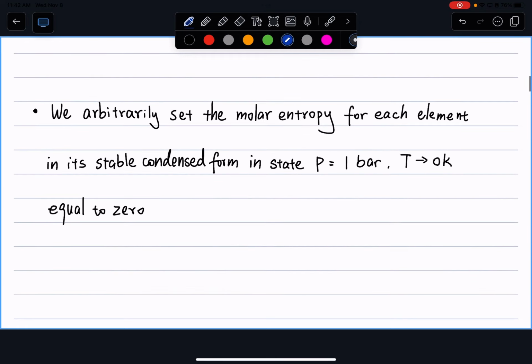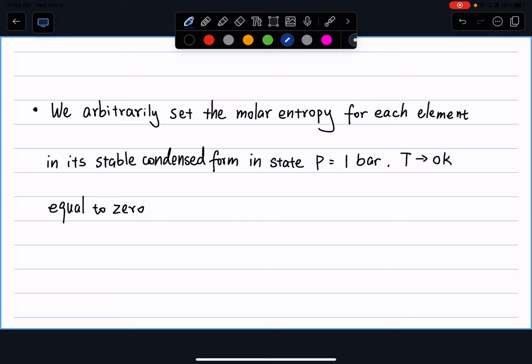Then what do we have? Now we arbitrarily set the molar entropy for each element in a stable condensed form, at pressure equal to 1 bar, when temperature is approaching 0 Kelvin, equal to 0.